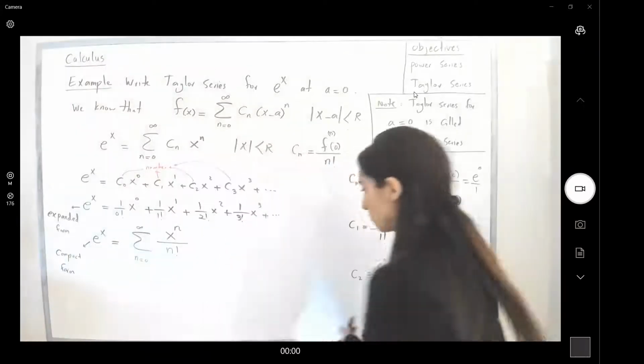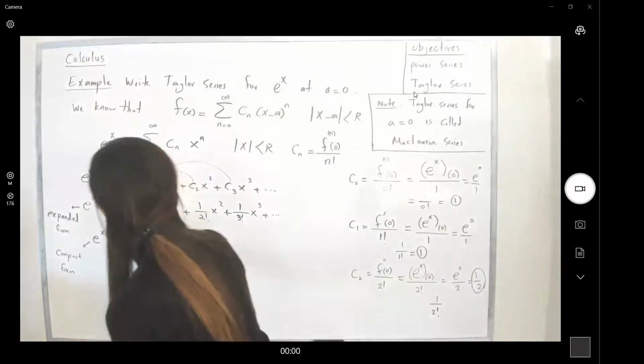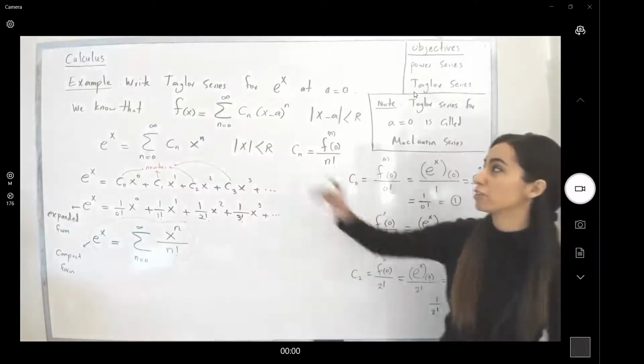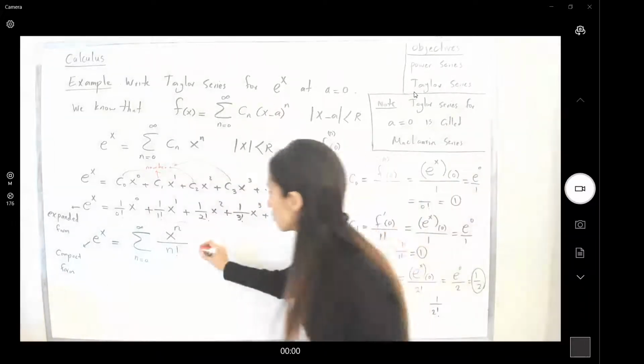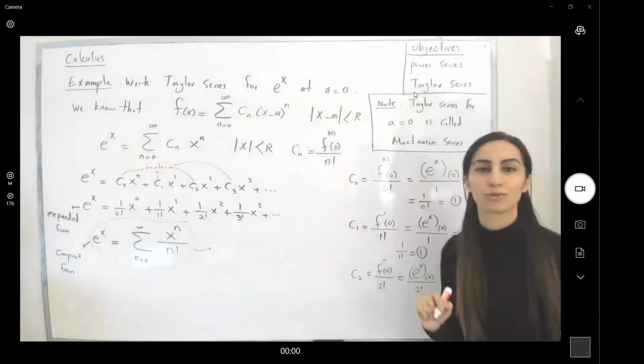So what is the conclusion? The conclusion is that this is the Maclaurin series of function e to the x, or you can say the Taylor series of e to the x at a equal to 0.